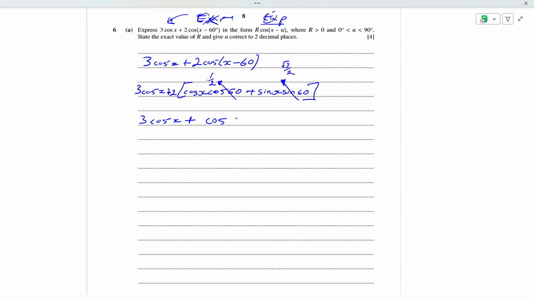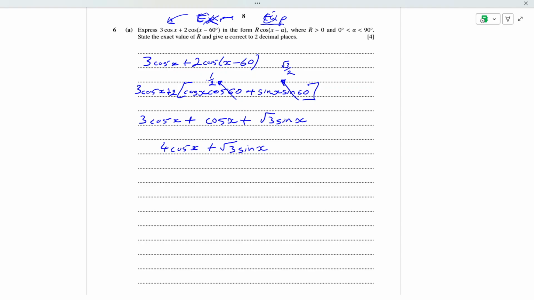Then plus 2 multiplied by the root 3 over 2 sine x, where the 2s cancel out, so you have plus root 3 sine x. Then you combine these two here: 4 cos x plus root 3 sine x.